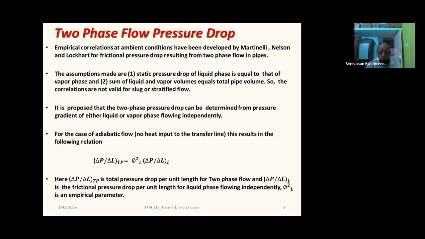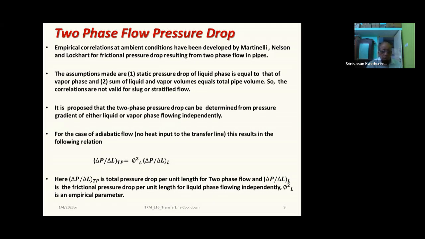Normally, these correlations may not be valid for slug or stratified flow, but for other types of flows, yes, they are valid. It is proposed that the two-phase flow pressure drop can be determined from the pressure gradient of either the liquid phase or the vapor phase flowing independently.